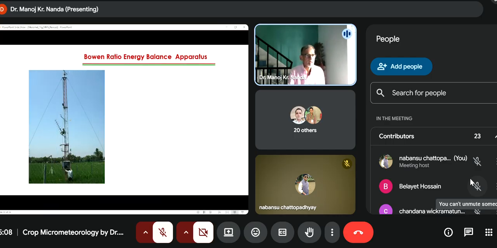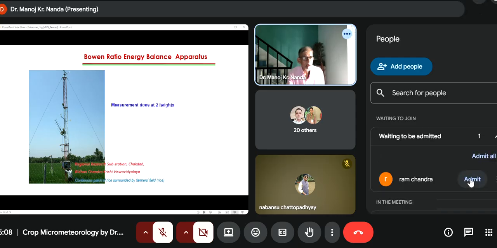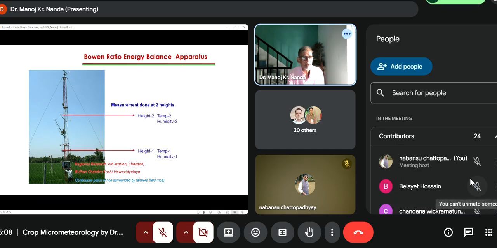Now, this is an example of the Bowen ratio energy balance apparatus that we used a few years back at BCKV. These are the heights of measurement, two heights. We have a high-end data logger, and we get the data at every half-hour interval, and it is sent to the server.